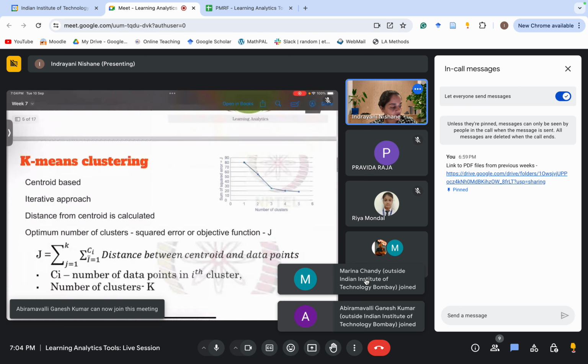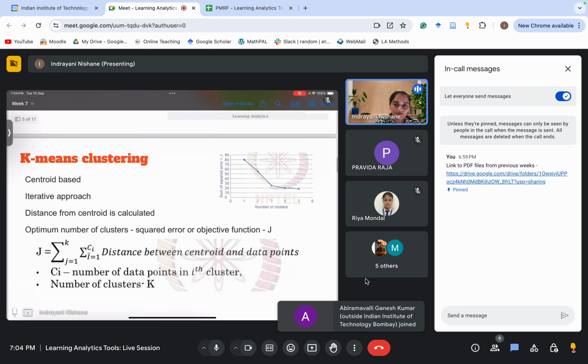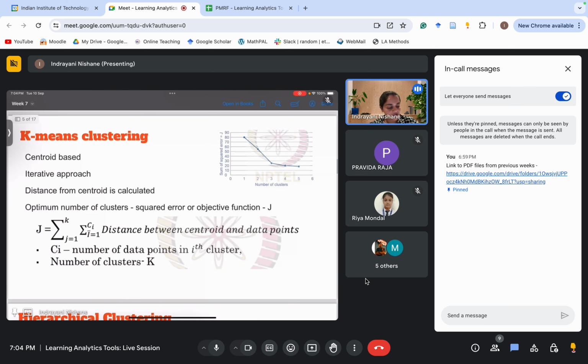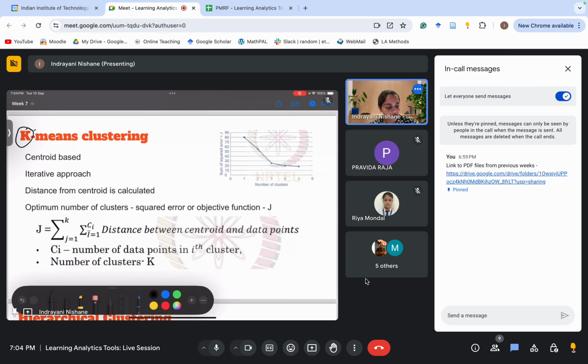We'll start with k-means clustering. As the name suggests, k is the number of clusters. And means: every cluster will have some center point, right?